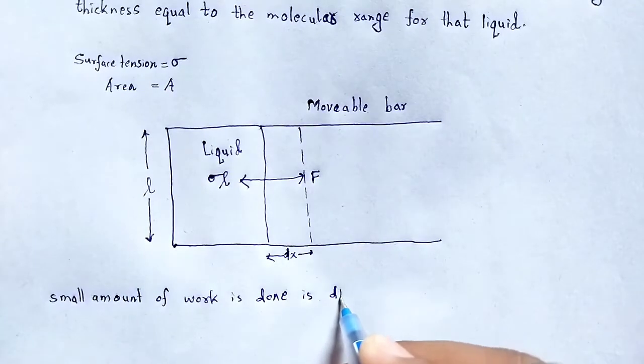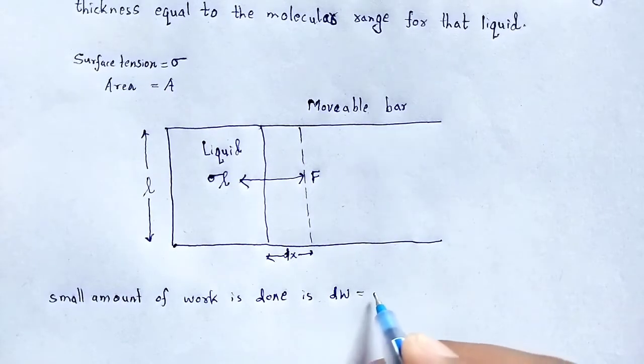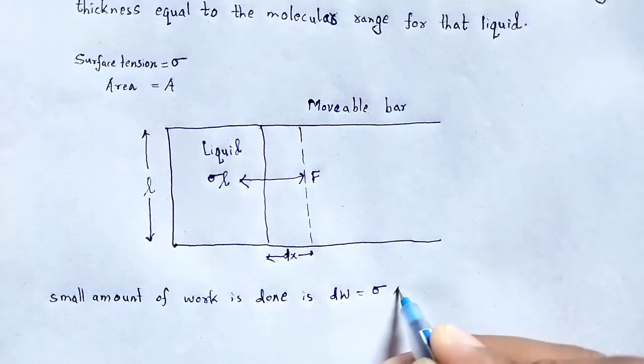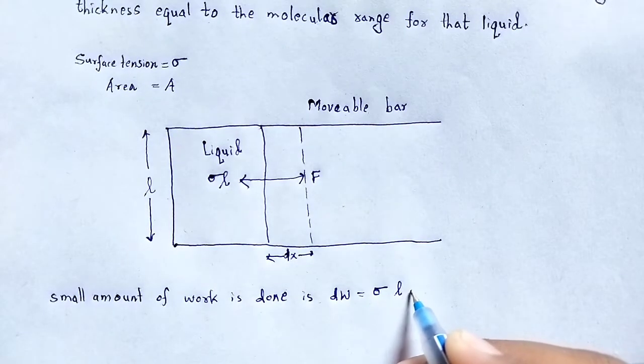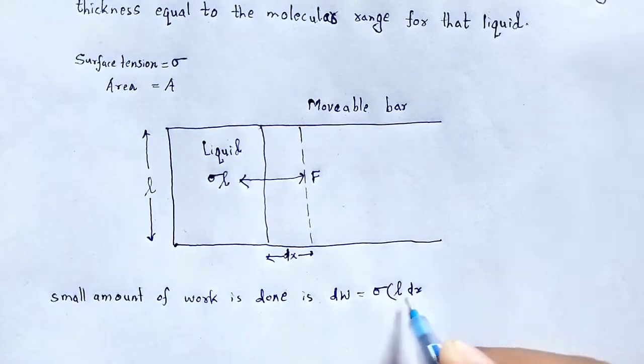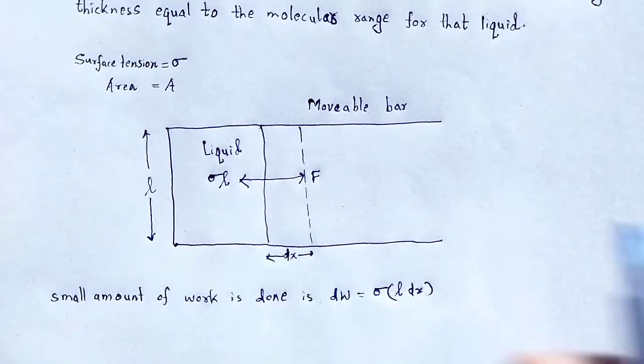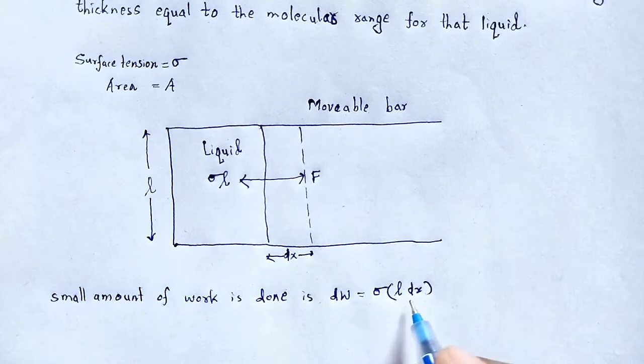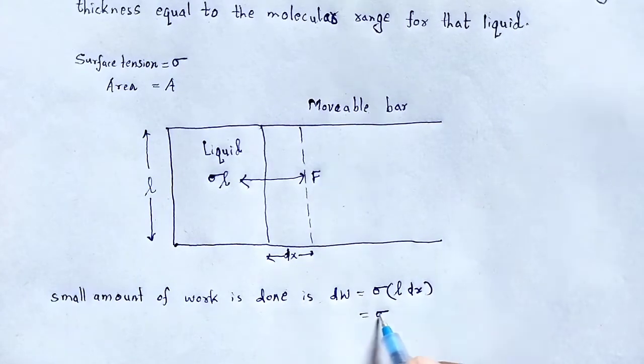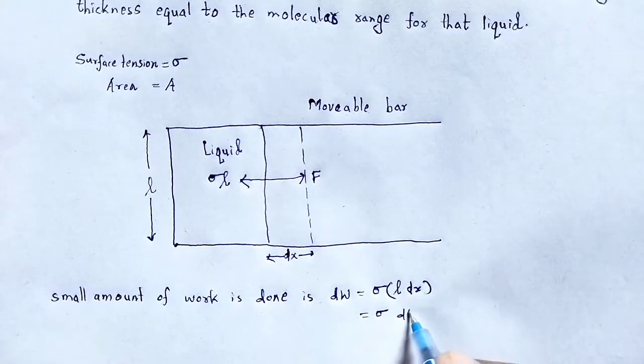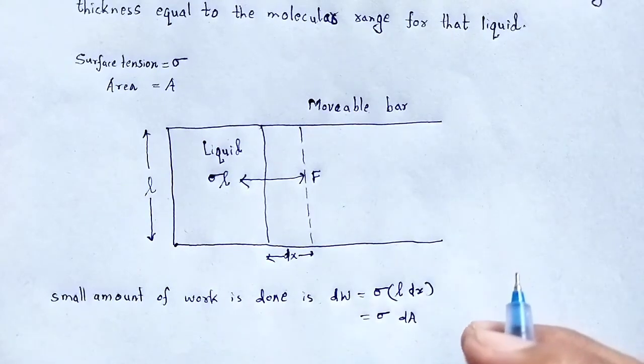Let that be dW, the small amount of work done, that is force into distance, that is sigma L dx. Here L dx is the area, that is dA, the small area.